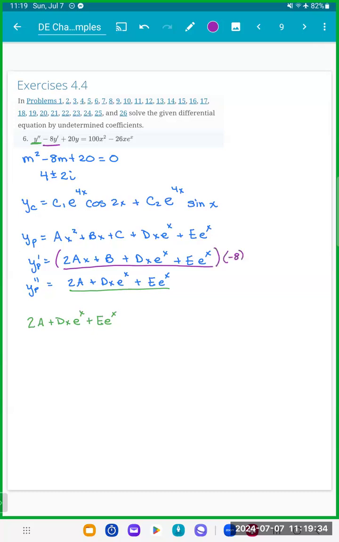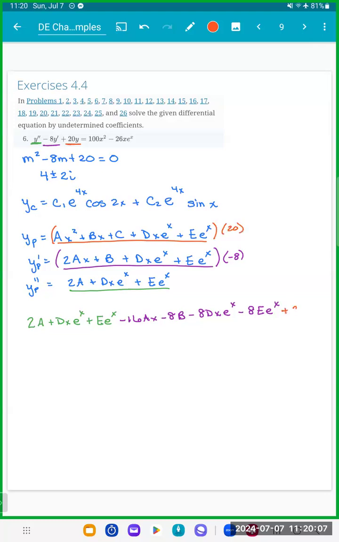Okay, so when we do negative 8 times that, we end up with negative 16ax minus 8b minus 8dx e to the x minus 8e to the x. Okay, next we are looking at this plus 20. So we're looking at this whole y equation, and this is multiplying it by 20.